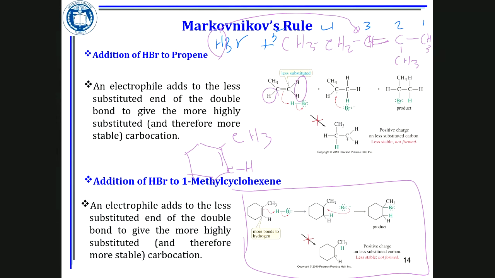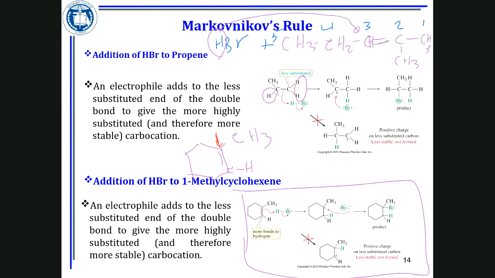If it's a line angle structure, you're talking about addition of hydrogen to the carbon with the most number of hydrogens. The best way is to change your line angle structure to a condensed structure, or make sure to draw the hydrogens for each of the carbons and count the number of hydrogens. So this carbon does not take any hydrogen here. This carbon has 0 hydrogens because it already has 4 bonds to carbon.